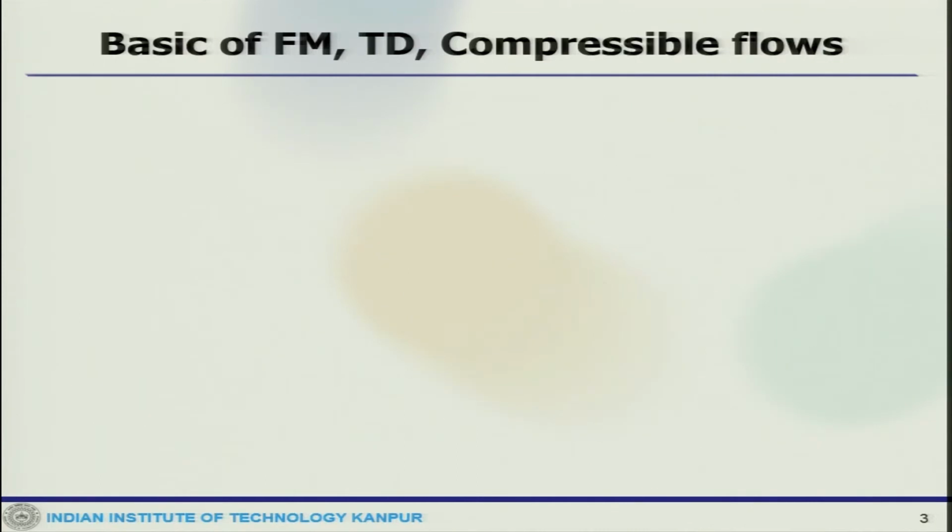Now, some definitions. One definition is the system. This is a quantity of matter in space which is analyzed during a problem. Then you have the surroundings, that means everything external to the system. Then you have the system boundary, the separation between system and surroundings.